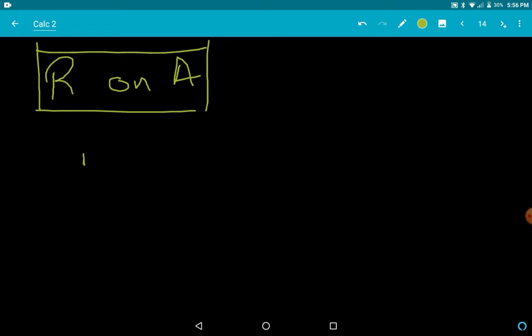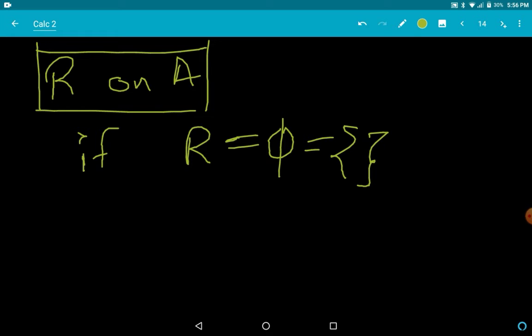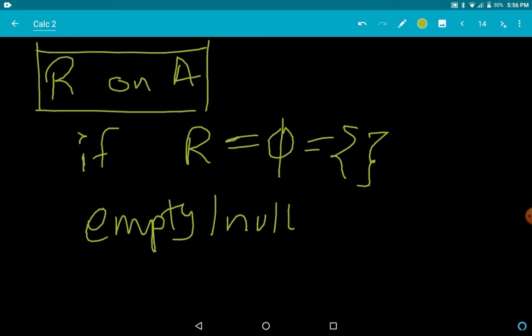Now see, if R is nothing but phi, remember what phi is? It is nothing but an empty set. So such a relation is called an empty or a null relation. Understand?